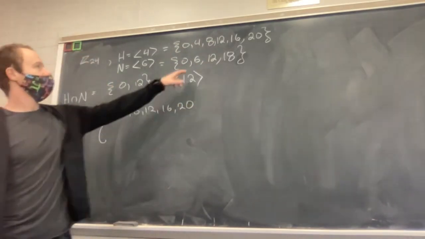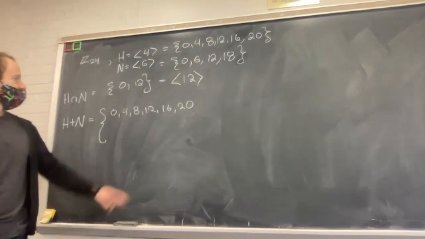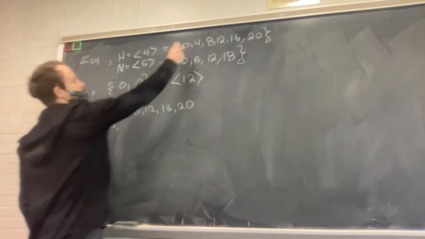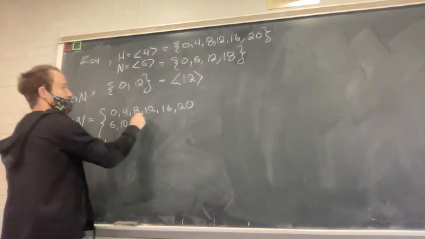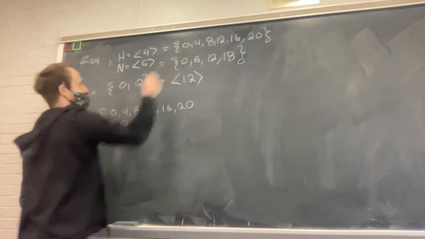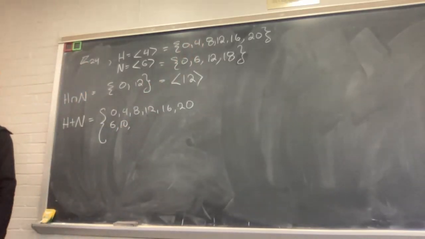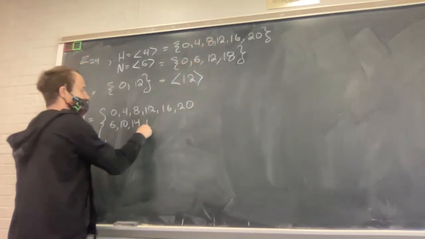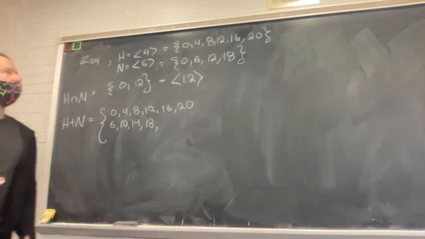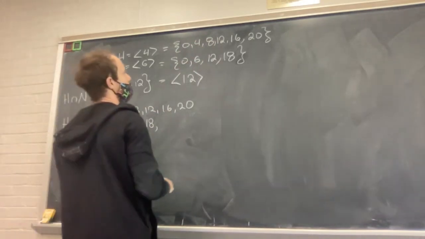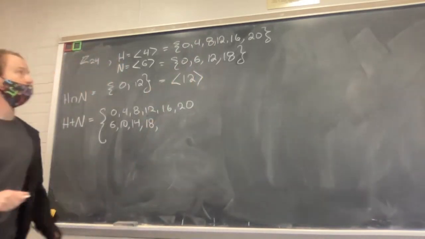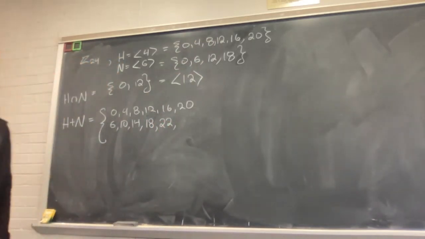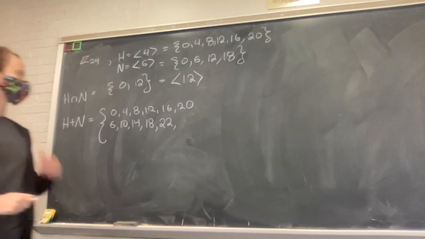Now we could do the same thing plus 6. So 0 plus 6 gives us 6. 4 plus 6 gives us 10. 8 plus 6 gives us 14. 12 plus 6 gives us 18. 16 plus 6 gives us 22. 20 plus 6 gives us 26, which is 2.